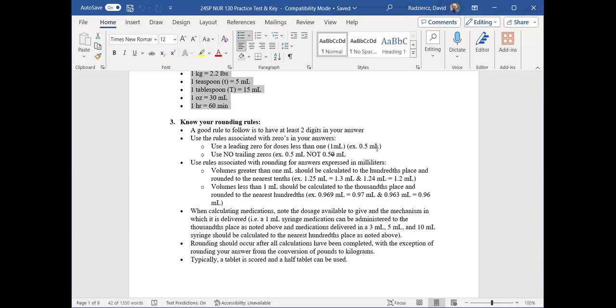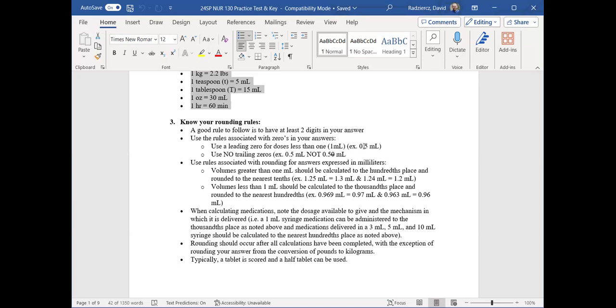If you have a number less than 1, you round to the nearest 100th. So let's say I have an example of 0.25. You would leave that answer as 0.25. But if you had 1.25, then you would round that to 1.3 per the rounding rules.